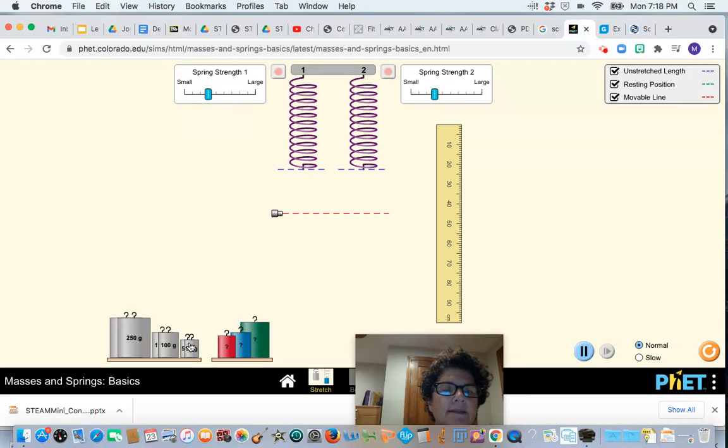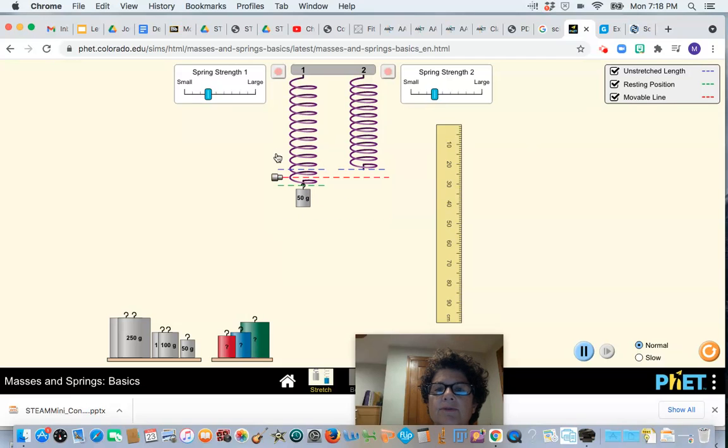If I take, let's say, the 50-gram weight, I have the unstretched length here and the resting position, and a line I can use to do some measurements too.